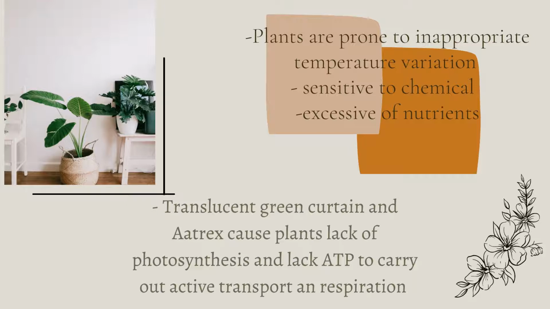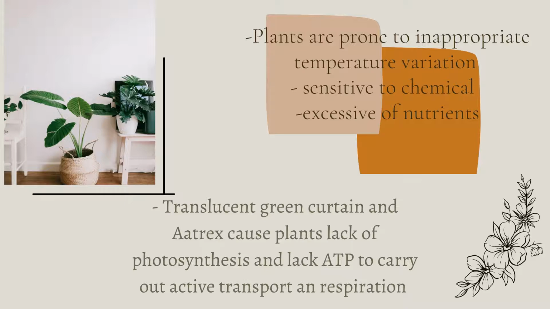We can see from the problem that she faced in this case is she used the translucent green curtain that changes the white light wavelength of the spectrum to green light and blocks the plants from getting direct sun. And Hedy fertilized her plants with the wrong fertilizer, which is atrazine. Its function is to kill plants for clearing the ground.